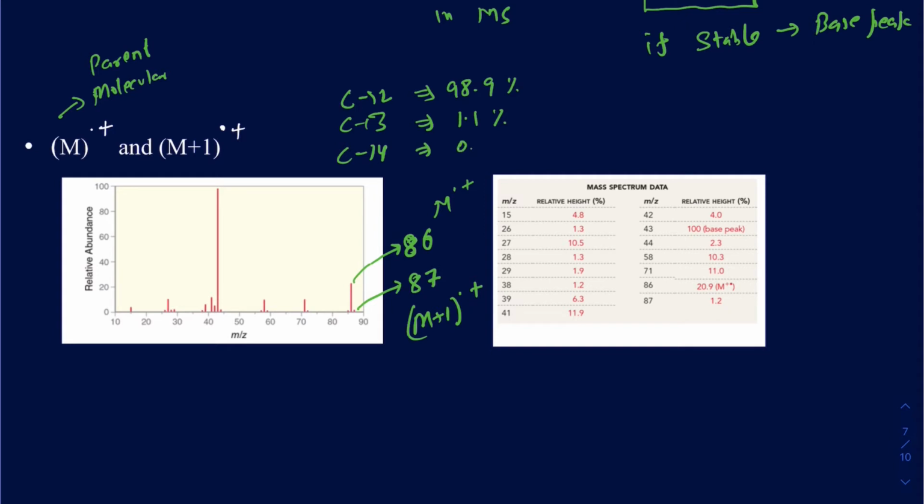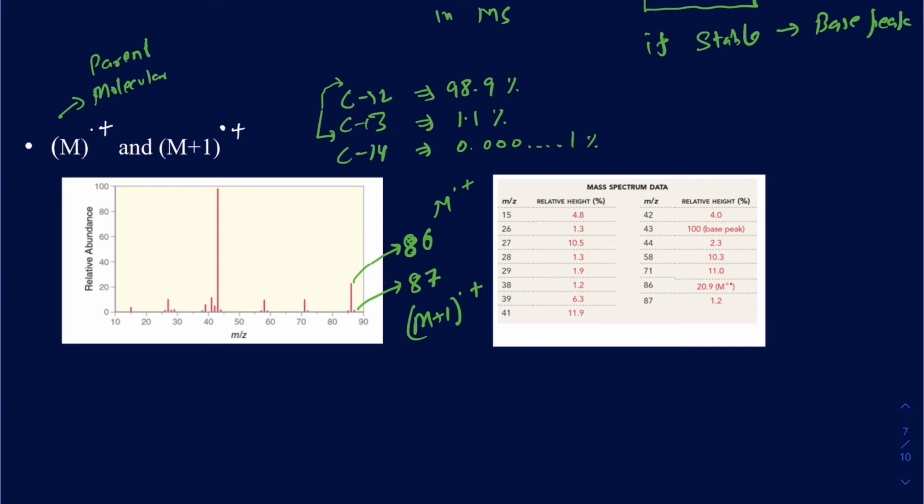Carbon 14 is very, very small, something like 0.000 with so many zeros, 1%. So I don't have to worry too much about carbon 14, but carbon 12 and carbon 13 are the only two that will really show up. That's why anytime you have this M+ peak, you're going to have an M+1 radical cation peak as well.